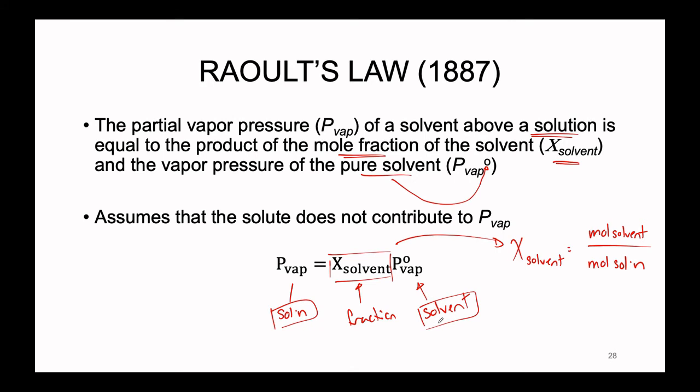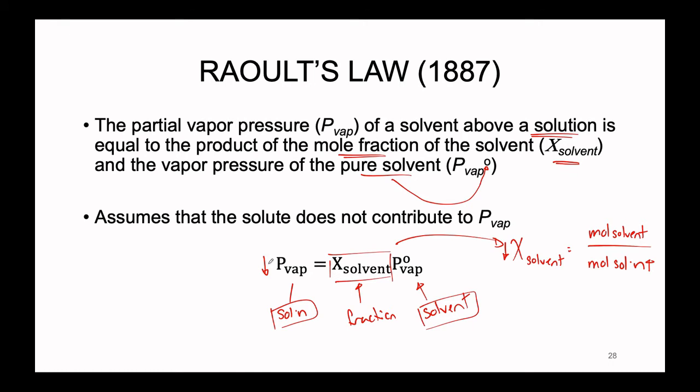However, proportionally, if there is more solute present, the ratio of solvent to solution goes down. In other words, as the moles of solution increases because we are adding more solute, however the moles of solvent don't change, our mole fraction goes down, therefore the vapor pressure of the solution will also go down.